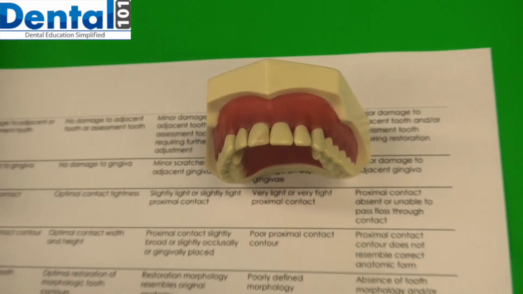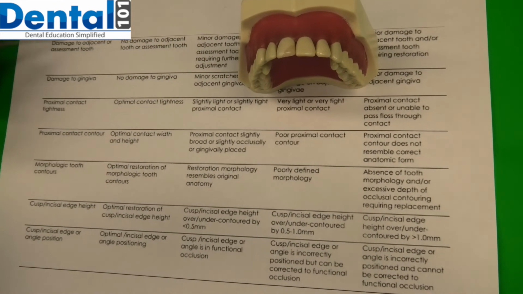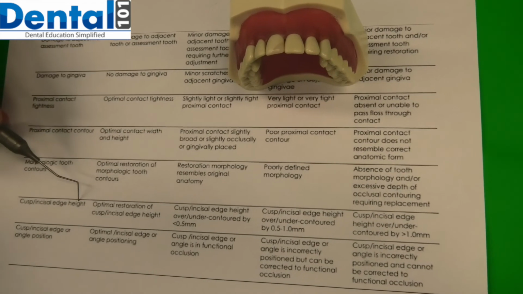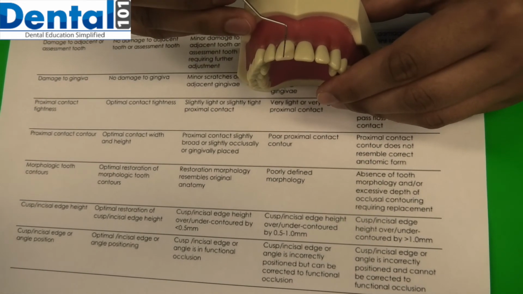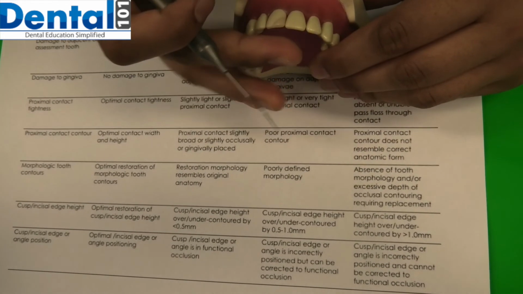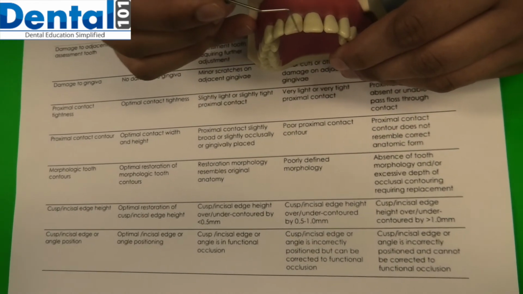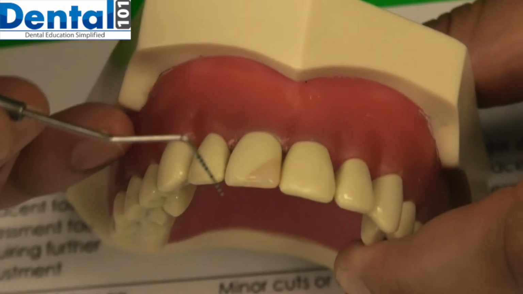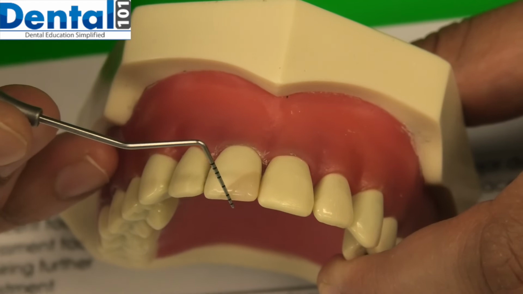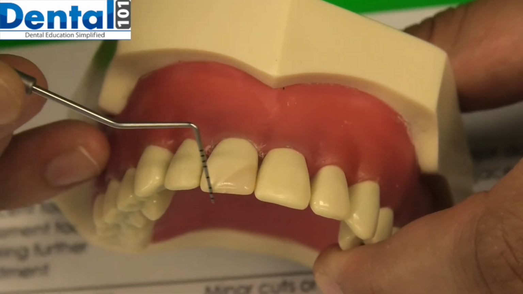Right, now I will move to the next point, which is cusp or incisal edge height. So for that we will check. In my restoration, it is almost the same as the adjacent teeth. Overall it's not high with the tooth structure, it's following the same pattern, so it's the same height.